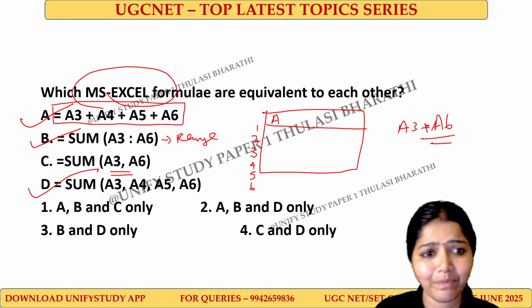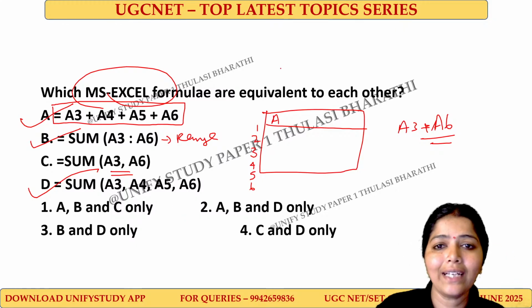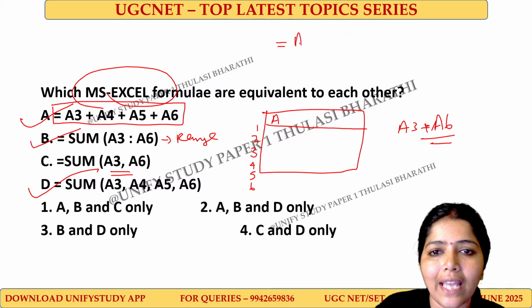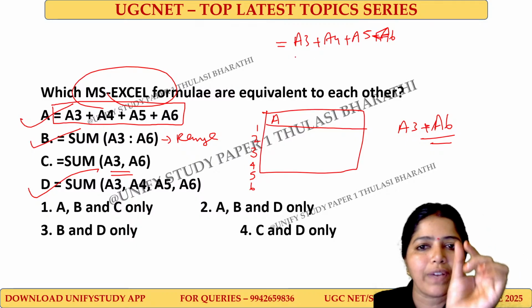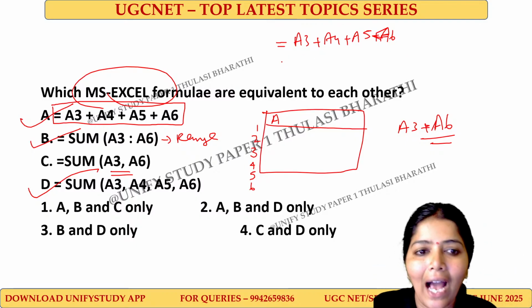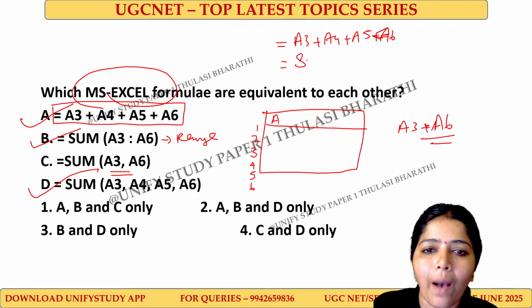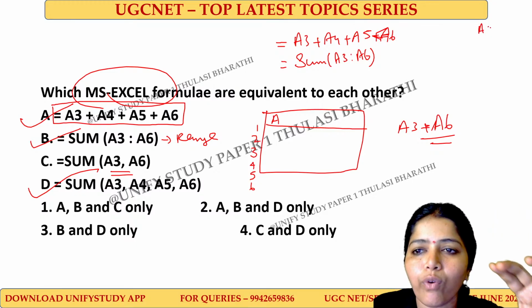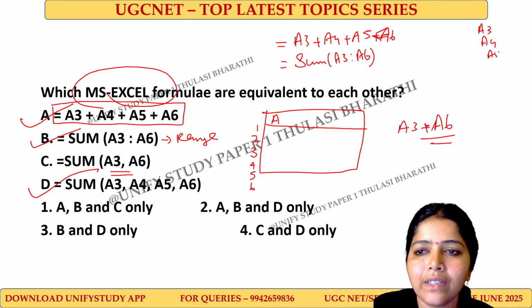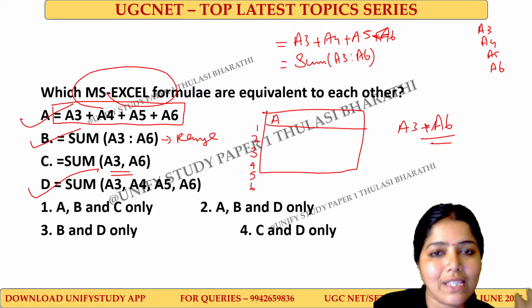You understand? When I type in the formula bar A3 plus A4 plus A5 plus A6, I will be adding the values of A3, A4, A5, A6. And if I add SUM of A3 colon A6, the range of values between A3 and A6 will be added.